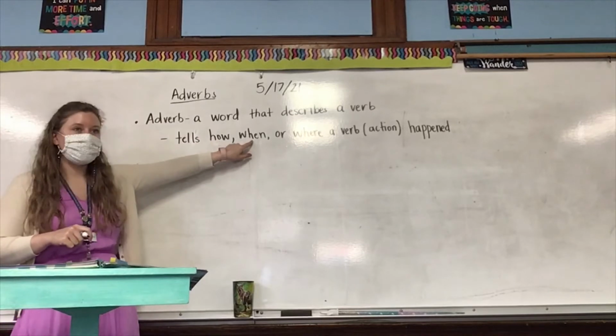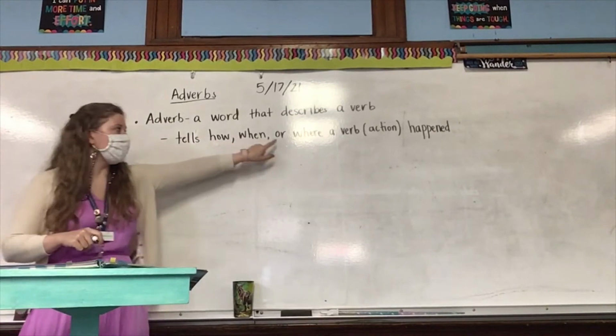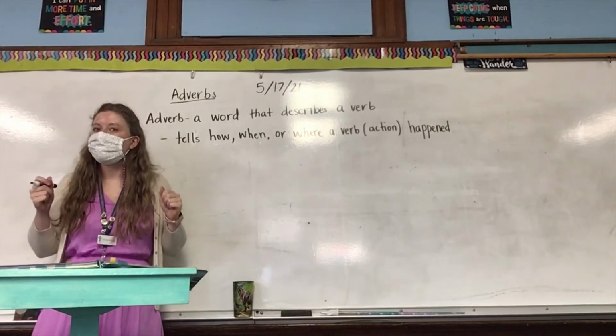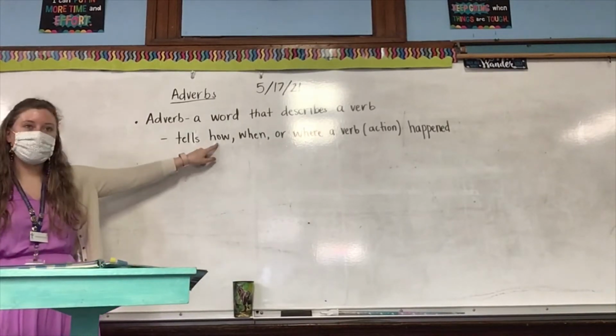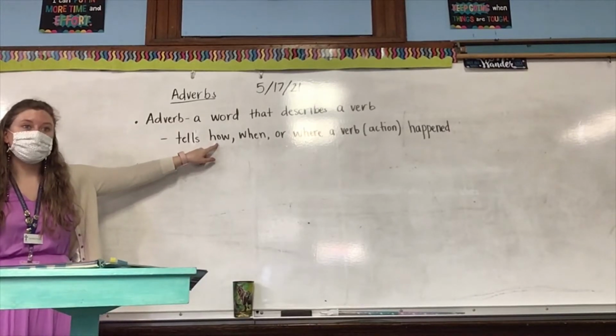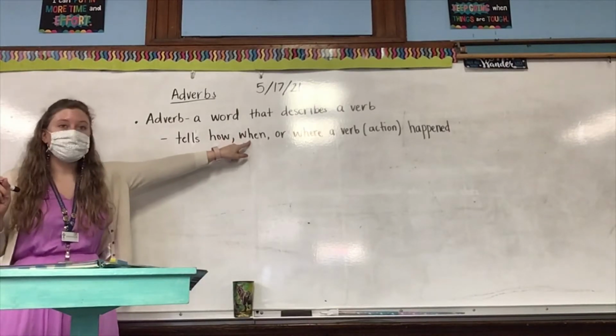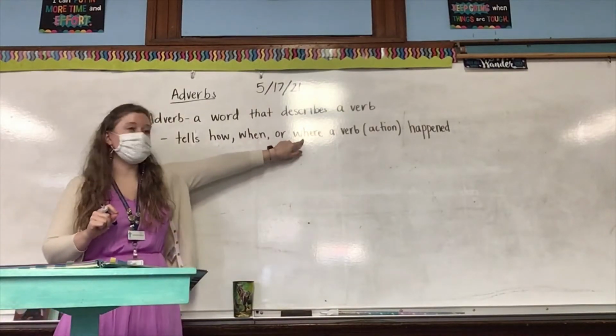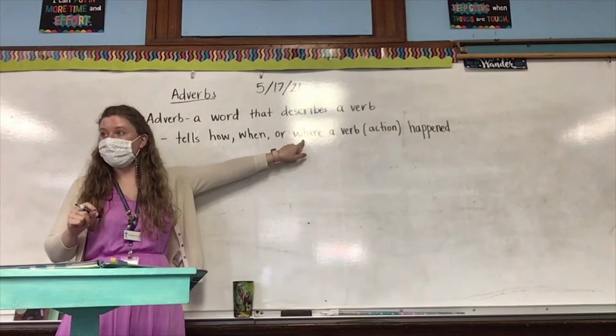Can I describe when the cat ate? Can I describe where the cat sleeps? Do you see the difference? I'm not describing the cat when I say how. I'm describing how it ran, the action. I'm describing when it ate, the action. I'm describing where it slept.